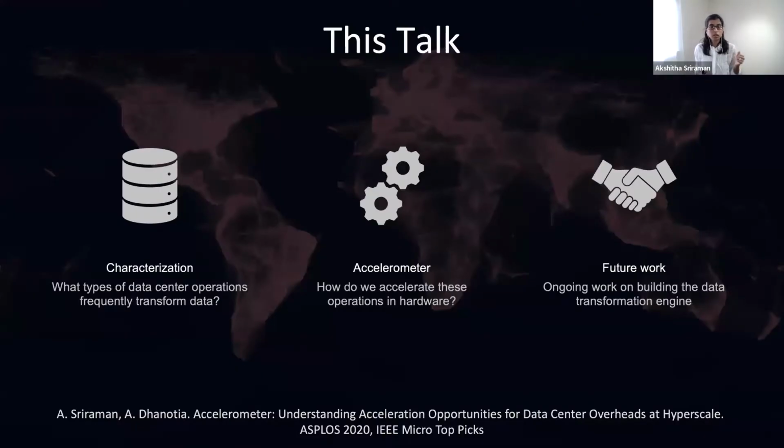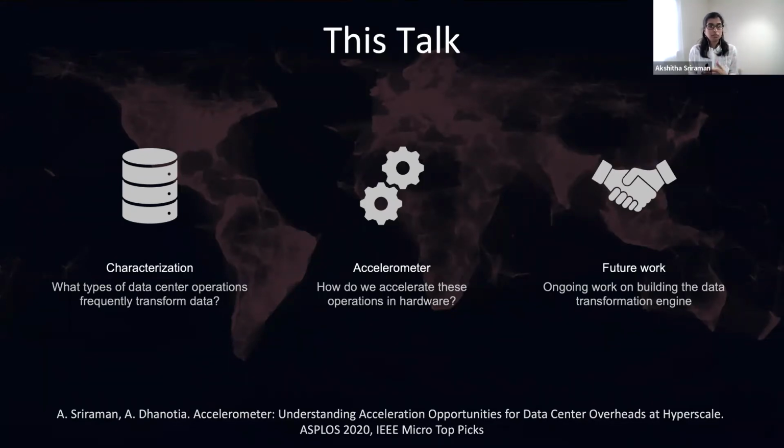So in this talk, I will first tell you about how we started off by characterizing these data center applications to analyze the types of data center operations that frequently transform data and possibly deserve their own place in the hardware.